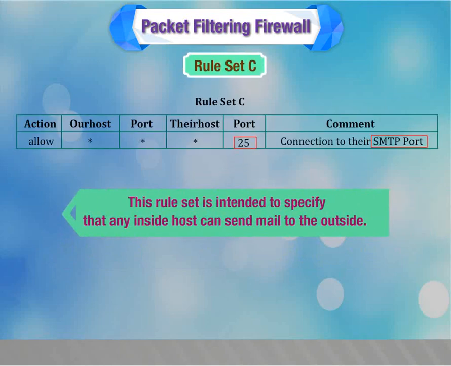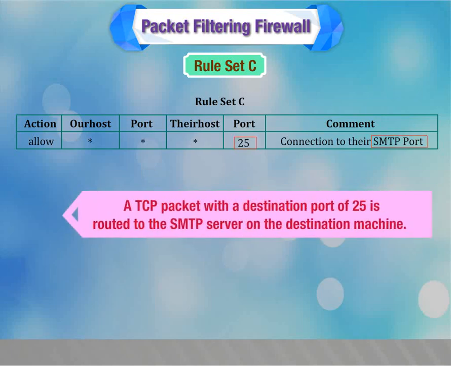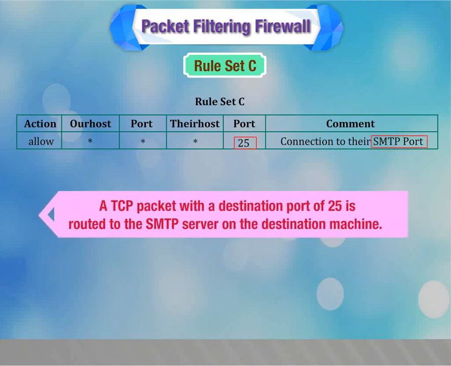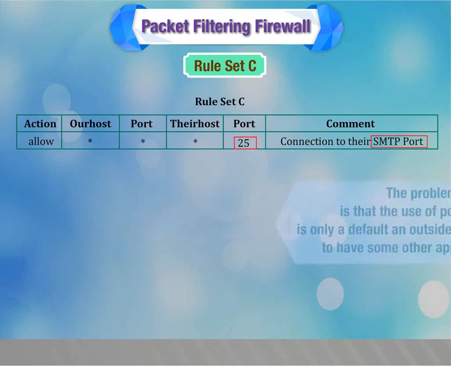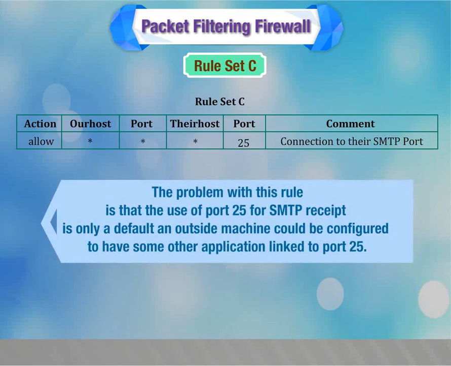This rule set is intended to specify that any inside host can send mail to the outside. A TCP packet with the destination port of 25 is routed to the SMTP server on the destination machine. The problem with this rule is that the use of port 25 for SMTP receive is only a default.